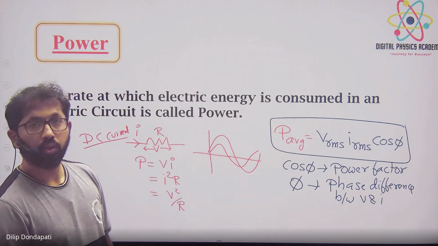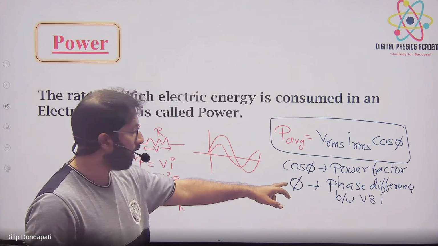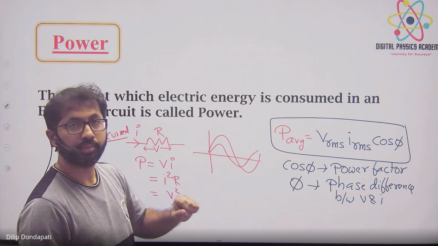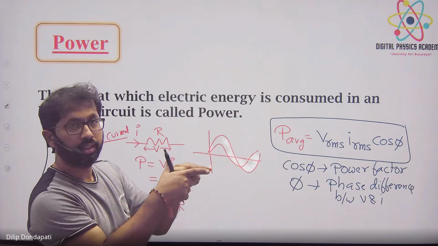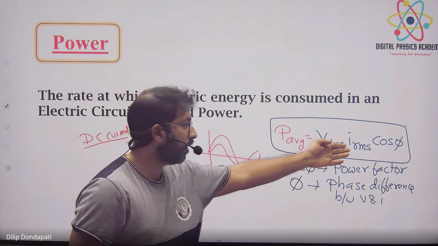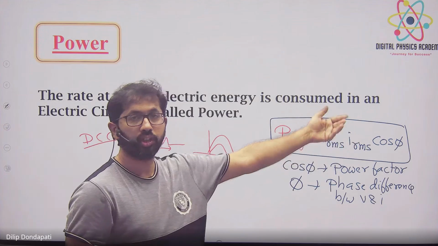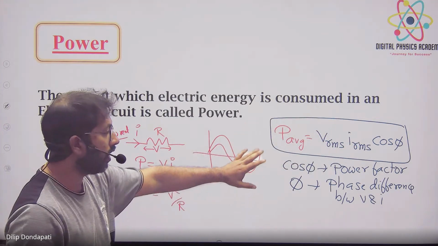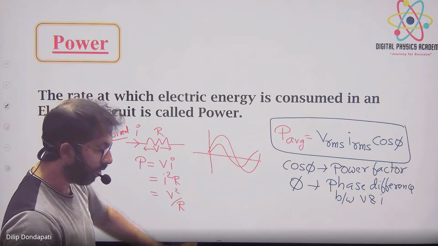Very important. In purely resistance में what is the phi value? Purely resistance में current and voltage are in the same phase. So phi value is 0. Cos 0 is 1. So ऐसा we have to find the power factor, phase difference के साथ.